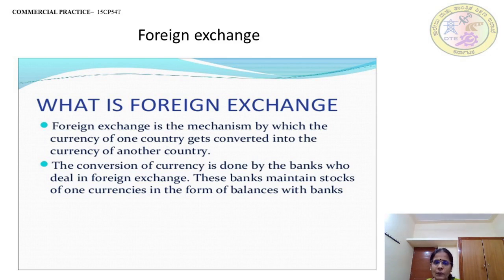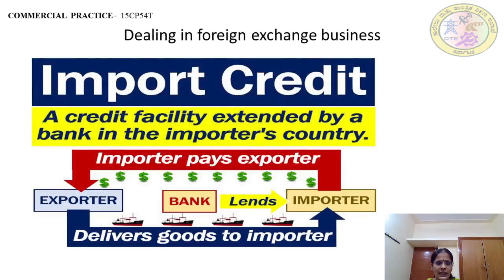Not only dealing with the exchange of currency, it is also concerned with granting of finance to export, providing pre-shipment advances, post-shipment advances at a very concessional rate of interest. That means foreign exchange business is not only exchanging of currencies of one country to another country for its customer, but also to support the customer in dealing with export and import.